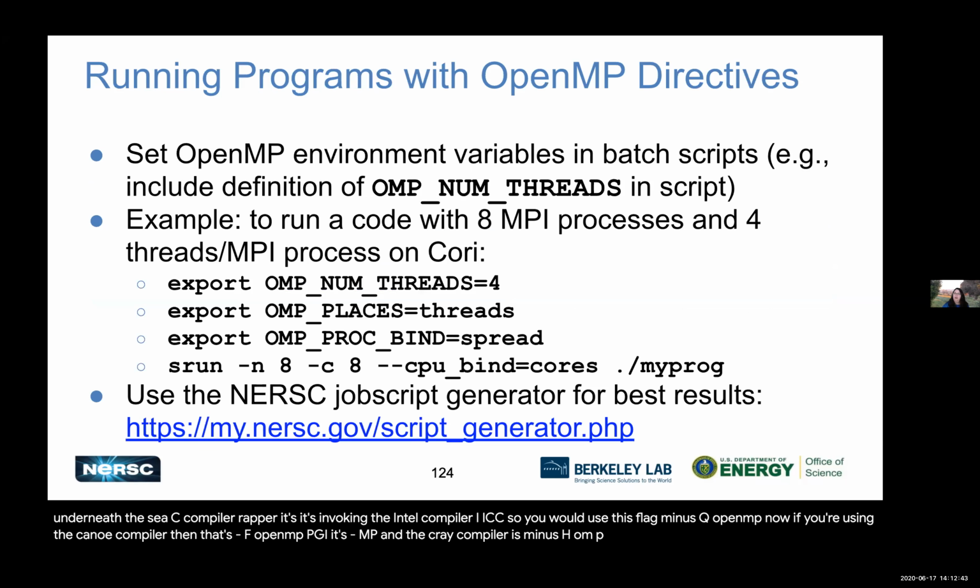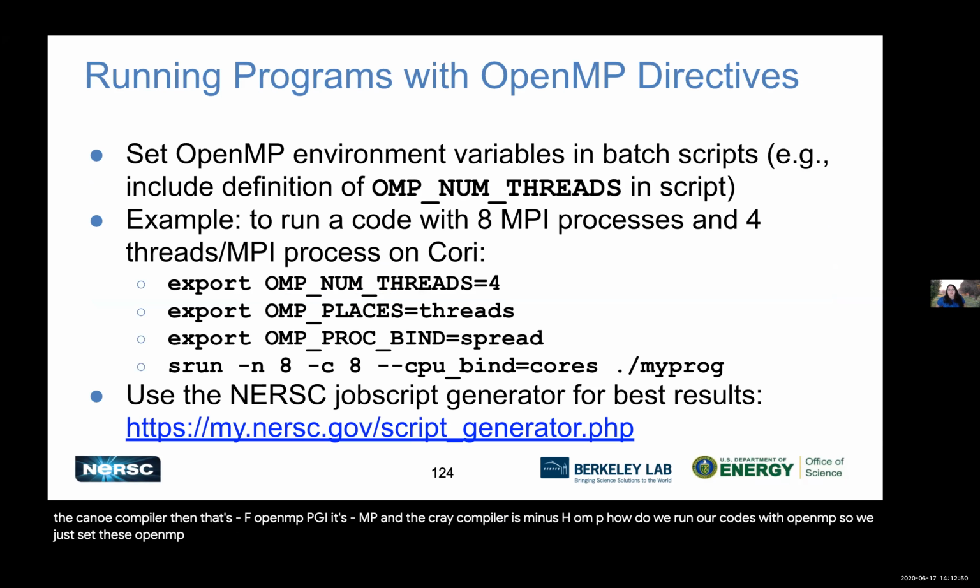So how do we run our codes with OpenMP? We just set these OpenMP environment variables in our batch script. That's the easiest way to do it, including a definition of OMP_NUM_THREADS in your script or on your command line.